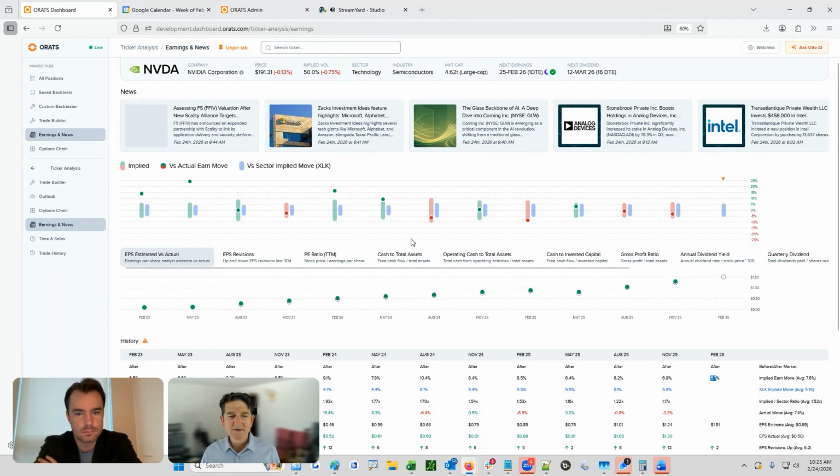And in this case, usually you'll see it kind of hockey stick more, meaning the front month's a lot higher than the back month. And so that might have a much different kind of implied move in a sense.